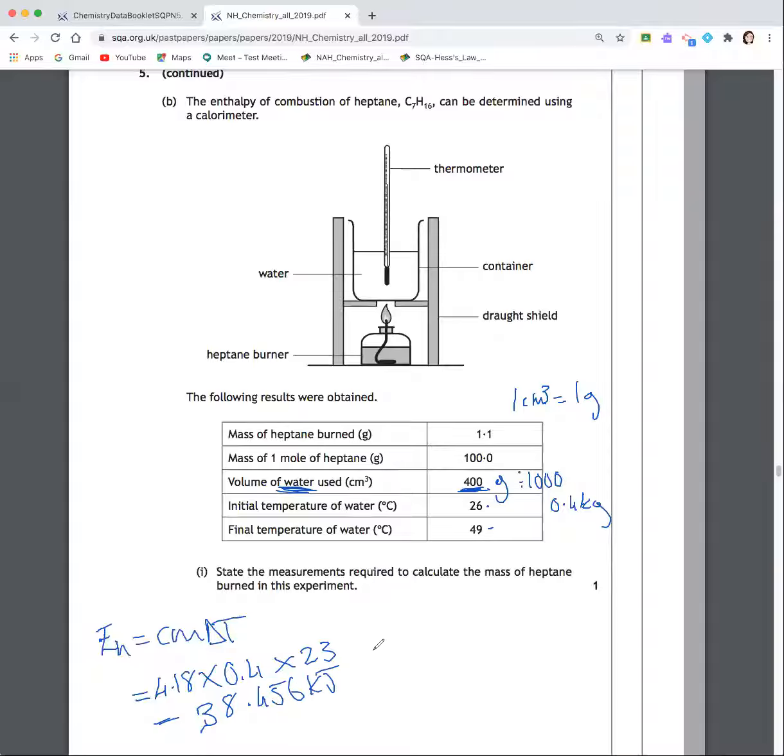38.456 kilojoules. So now we need to use direct proportion to find out what the enthalpy of combustion is. Enthalpy of combustion is to do with the amount of energy you get when 1 mole of the substance is burned. So we know that we burned 1.1 grams, so 1.1 grams gave us that much energy.